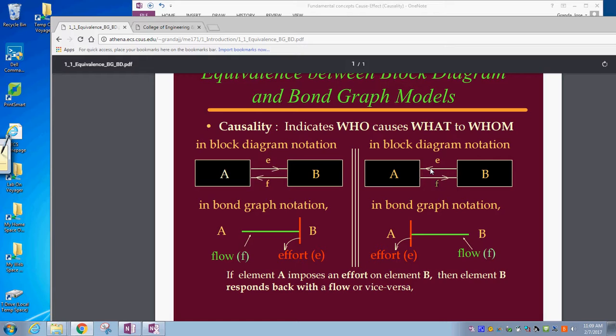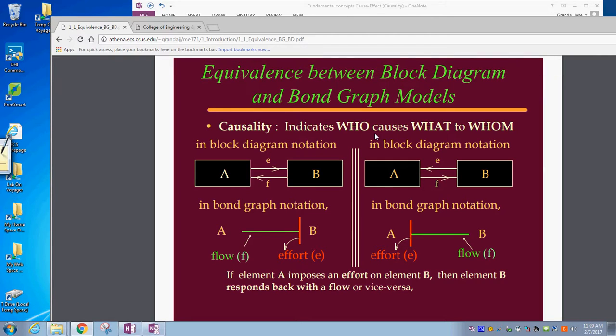If B applies or forces A to follow a profile, there is a velocity input, and then we will have the reaction, which would be this F. Now, there is a notation that we can use. What I'm saying is that A can inflict a velocity on B, and B will respond with a force. That's what I mean to say.